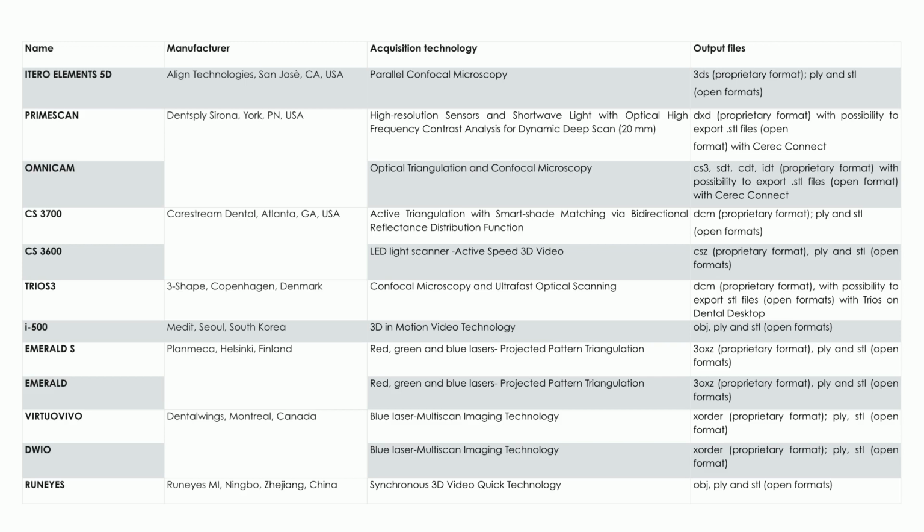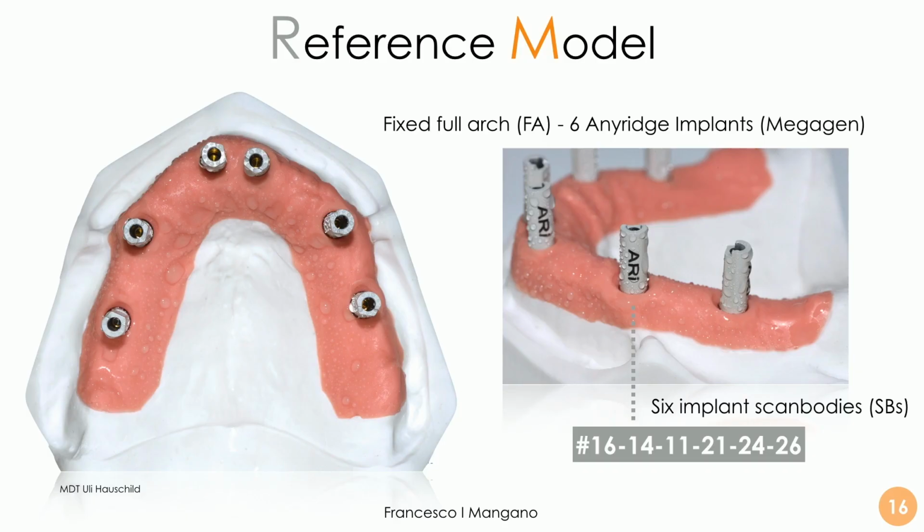And all these use different technology for the acquisition of 3D data, and also for making the mesh, so different algorithms for the interpolation. So it's very interesting to evaluate the differences between these different scanners.